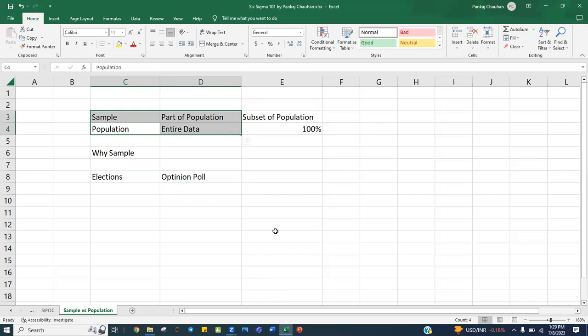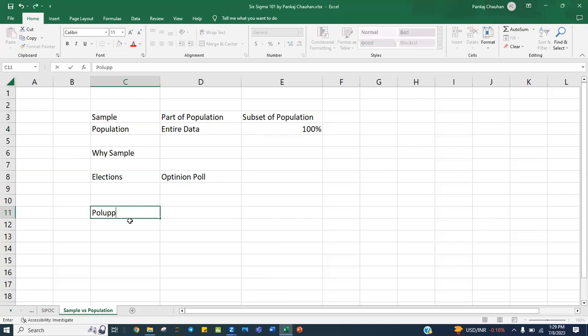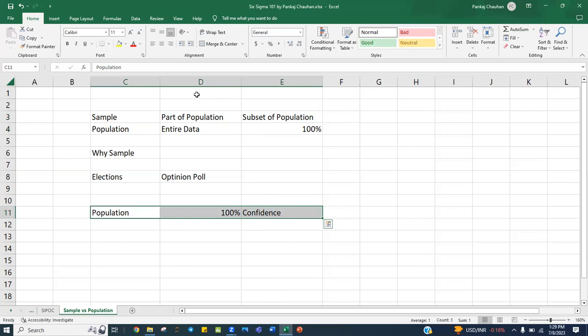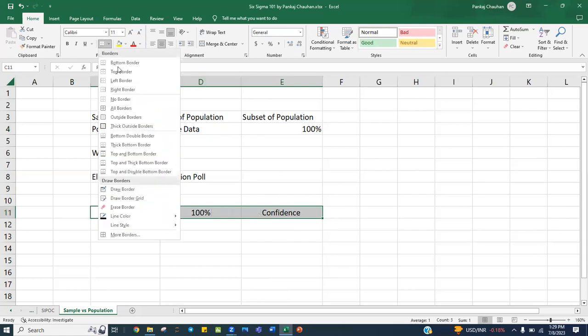That's the population. The important part here is that if you are doing population analysis, it always works at 100% confidence level, because you are checking each and every observation in the population.